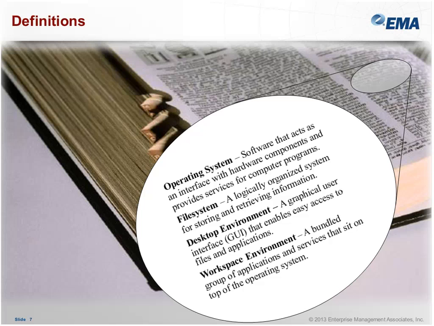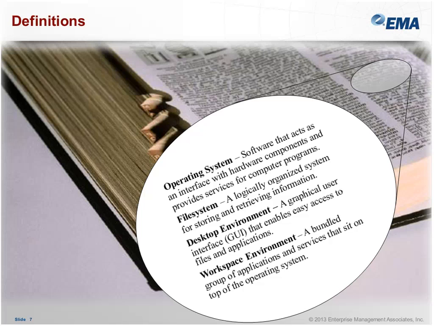Now, the reason people get confused by these terms is because the most common PC environments, Windows and Mac, include all four of these components. They are an operating system, file system, desktop environment, and workspace environment all rolled up together. But there is no reason these need to be bundled together. In fact, mobile platforms, including iOS and Android, do not actually natively contain a file system, which is why they don't have folders.